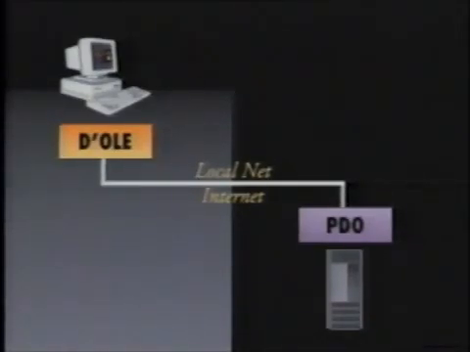Call OLE. DOLE will automatically pass that OLE call over to a server, let's say an HP server running PDO, and message back-end NextStep objects on that HP server. And the front end on the client knows nothing about any of the back-end stuff.